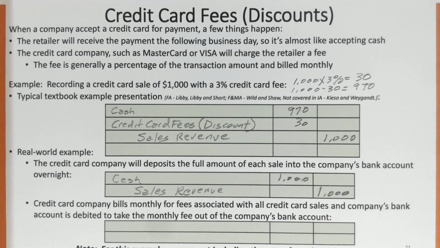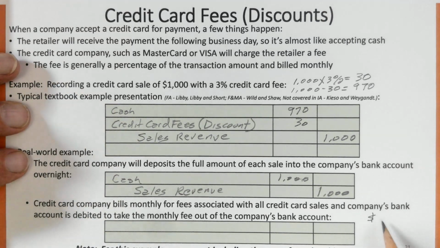And then what credit card companies do is at the end of the month, they tally up how much the fees are. And let's assume that our credit card company has tallied up all the fees, and all of them for all of the credit card sales we make total $4,500 for the whole month.